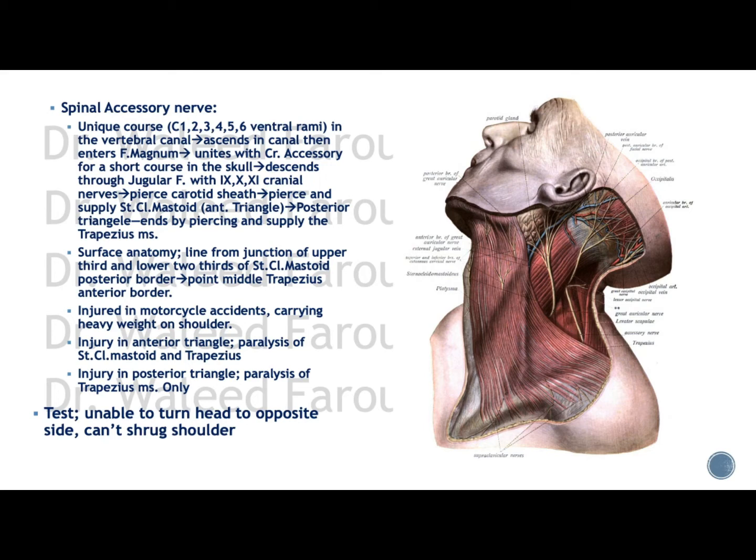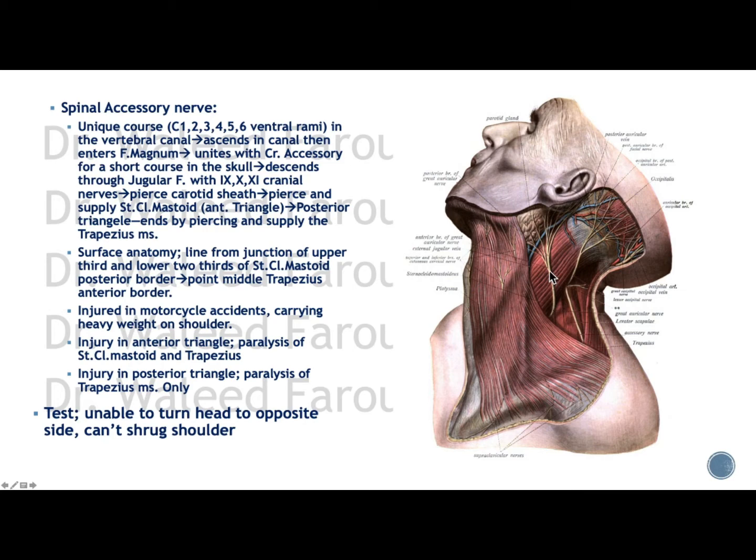Now, let's talk about this. Suppose you get a case of an injury of the spinal accessory nerve in the anterior triangle. The patient will end up with paralysis of the sternomastoid and the trapezius.